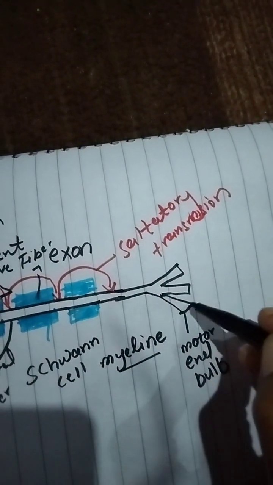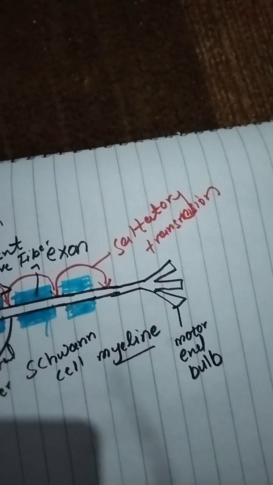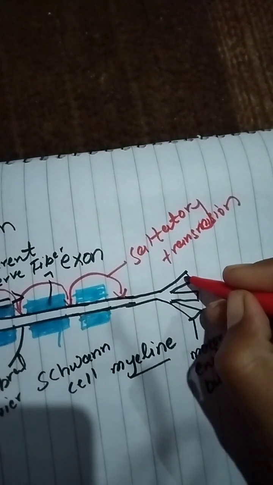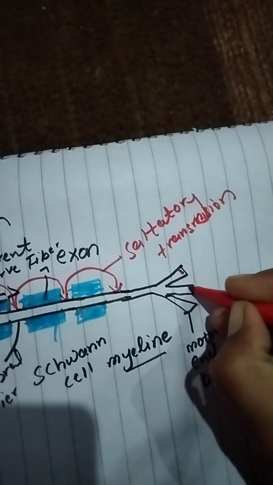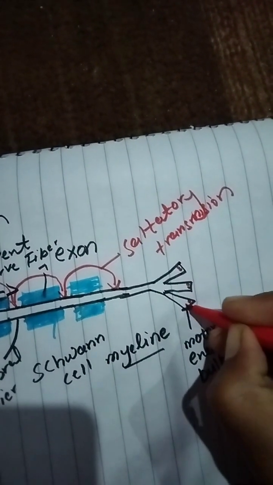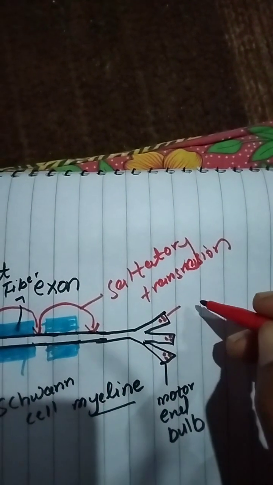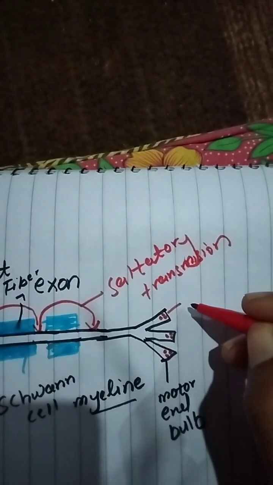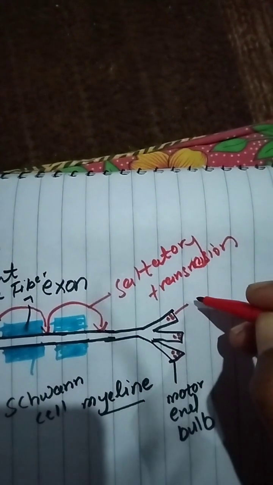The motor end bulb consists of chemicals. These chemicals are called chemical transmitters, and they consist of acetylcholine. The name of this chemical is acetylcholine.